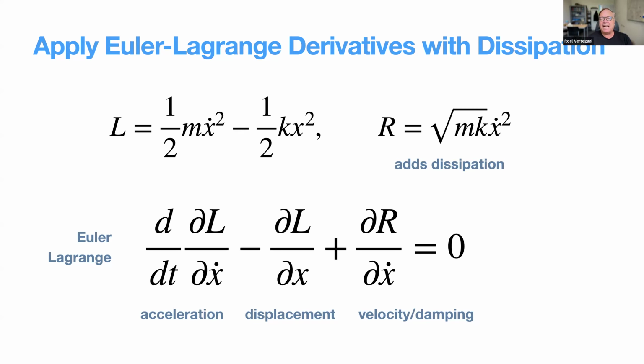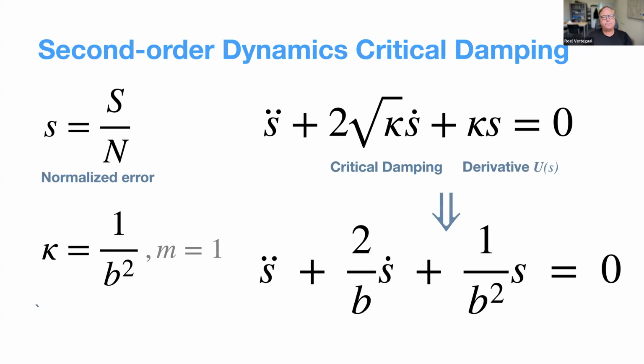So we add a Rayleigh constant, and that gives us an Euler-Lagrange equation, which is basically telling us to do a double derivative to get the acceleration, and then a derivative to get the displacement, and then add a velocity damping factor as well. And that yields this equation.